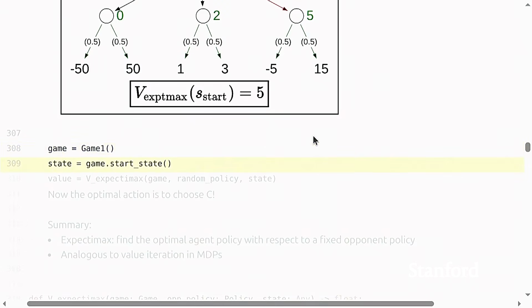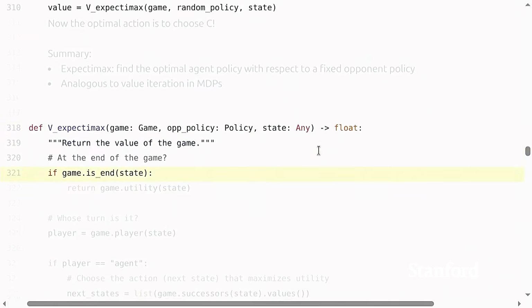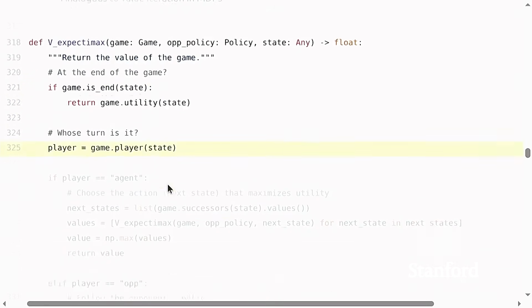So in code, this is what this expected max looks like. Once you see these recurrences, they're going to be somewhat repetitive, but hopefully the marginal cost of understanding a new one should be going to 0. So for expected max, if the game is ending at a particular state, then just return the utility.